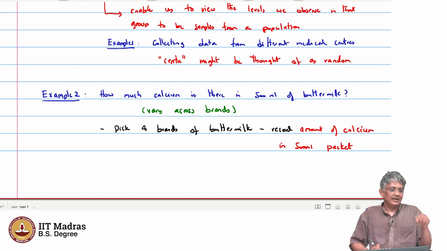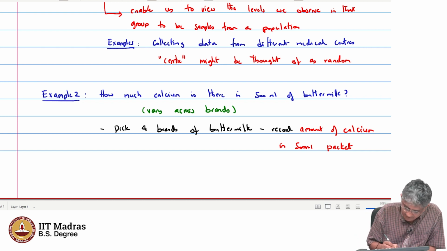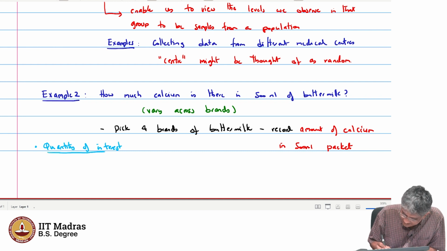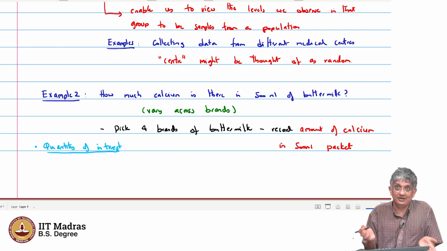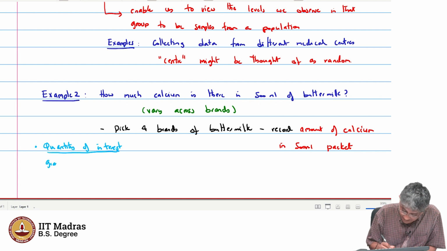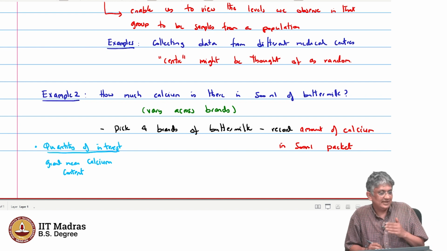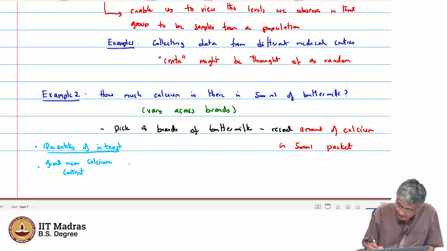That's what you do, right? Then the quantity of interest in this case is just the mean calcium level, the grand mean calcium content. You want to see if there's variation across brands, if all the brands have the same, and you want to know the variability across brands.